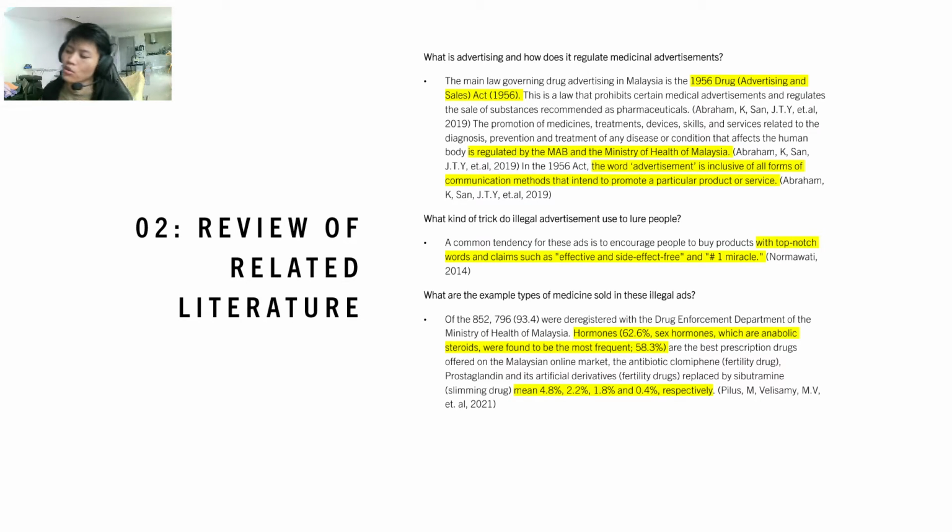So we can see that most of these drugs are mainly to improve lifestyle, for example fertility drugs, slimming drugs, and sex hormone drugs, which most of the time don't serve their purpose and are mostly just scams anyway.